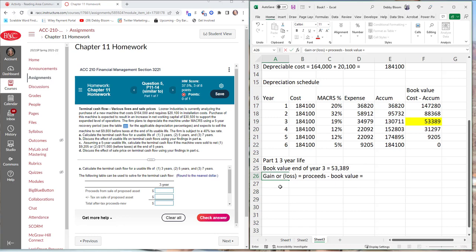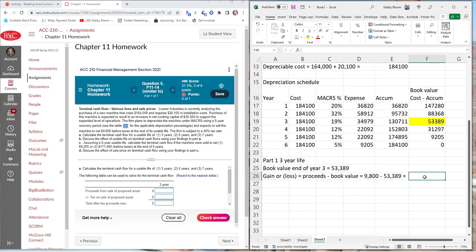So in this case, we're told that we're going to sell the machine for $9,800. Our book value is $53,389. So notice it's going to come down to a negative number. I'm just going to follow the calculation. I'm going to take $9,800, subtract $53,389, and I get negative $43,589, which means that we made a loss.